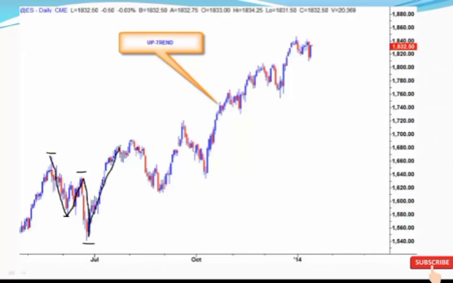And sometimes you see the same process like this, and you could see that. You're just following the structure of the market. But as long as new highs are made on every advance and higher lows on every decline, that's establishing an uptrend.